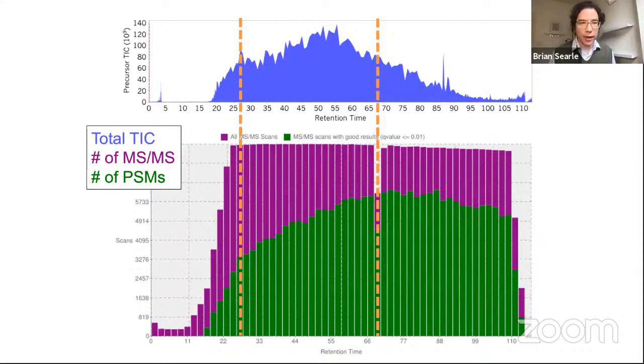So up at the top here, I've got a normal TIC trace where I've got retention time on the x-axis and precursor TIC on the y-axis. This is just showing you where the density of peptides are eluting off of my mass spectrometer.